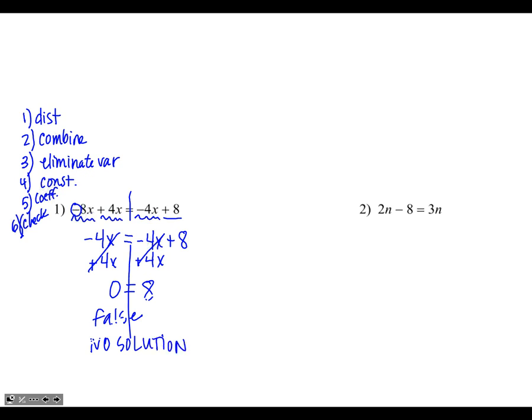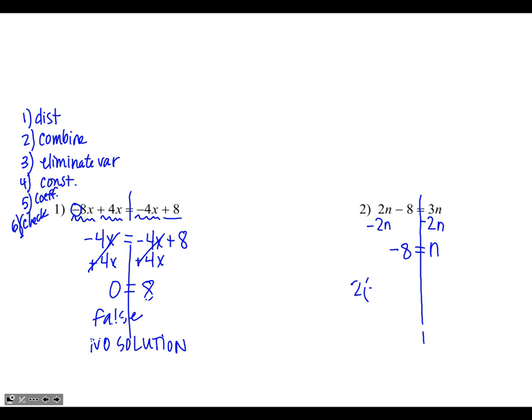Okay, we're going to go to this next one. 2n minus 8 equals 3n. Doesn't look like I have anything to simplify here, so I'm just going to jump in. I'm going to subtract 2n from both sides. That gives me negative 8 equals 3n minus 2n is just n. So I'm going to make sure that this is the right answer by plugging it in.